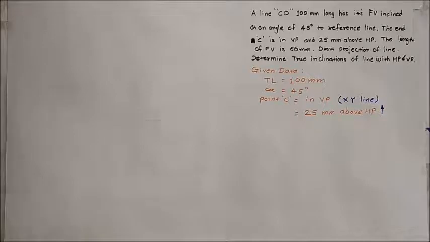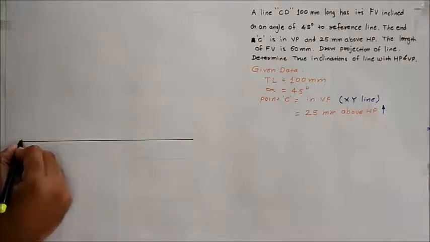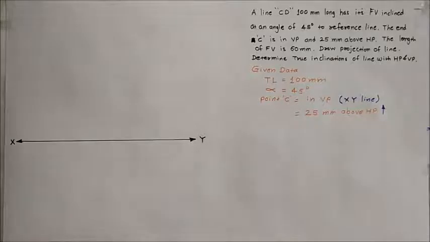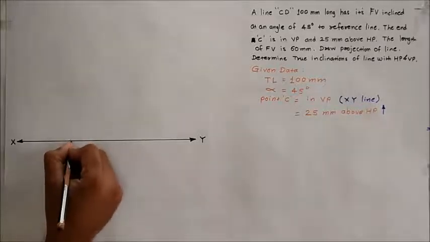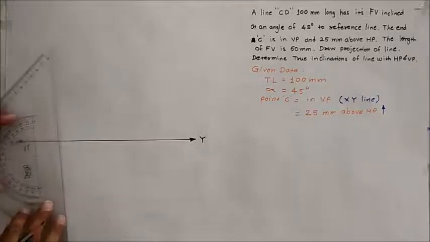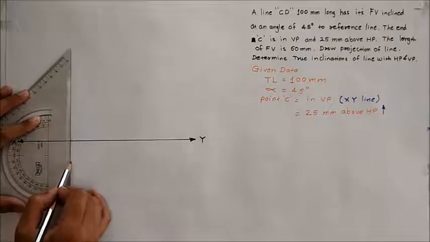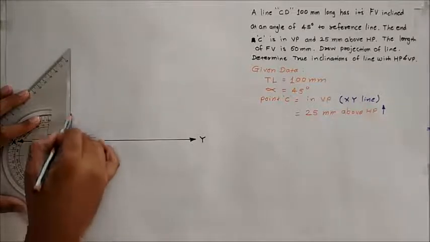First we require XY axis. Then we will locate the point C in front view and top view. For that, mark a point on the XY line. Through that point, draw a projection line which is perpendicular to the XY line.